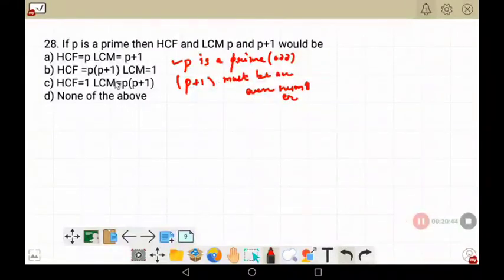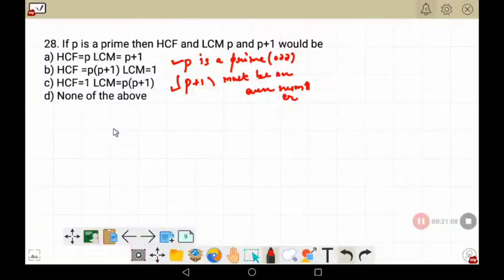Got it? So if p is a prime, then the HCF and LCM of p and p plus 1. The question says the LCM of p and p plus 1. Look at students, the first one is p, that is an odd number, the second one is p plus 1. Now what will we do?